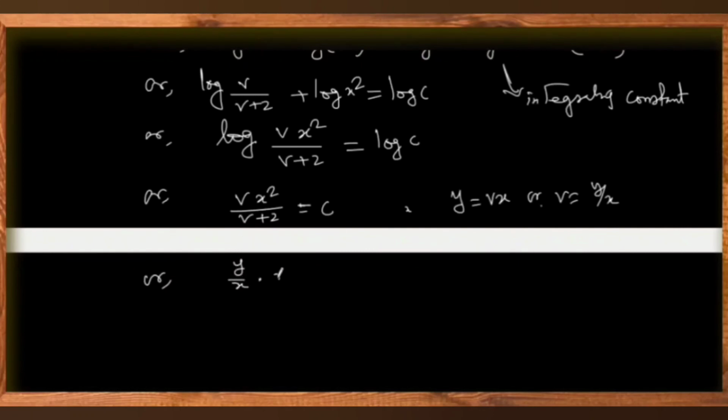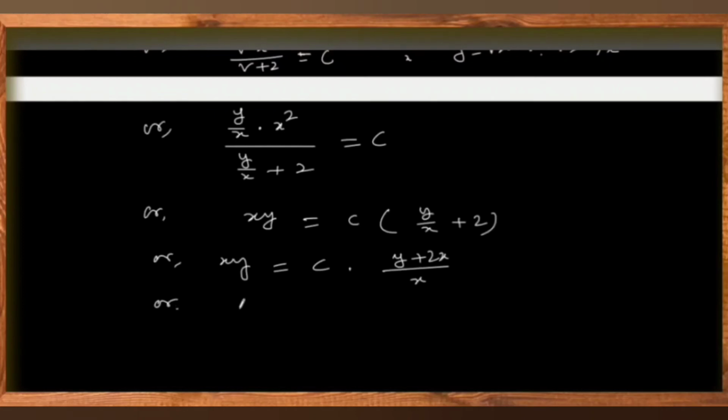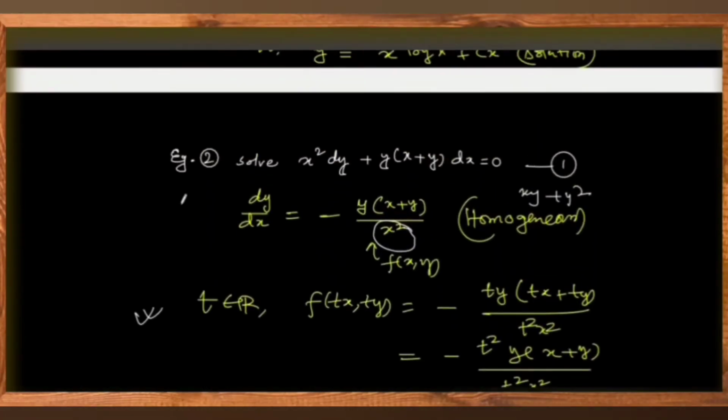So y upon x times x square upon (y upon x plus 2) equals c, or we will get xy equals c times (y upon x plus 2), or xy equals c times (y plus 2x) upon x, or we will get x square y equals c times (2x plus y). And this is the solution of equation 1.